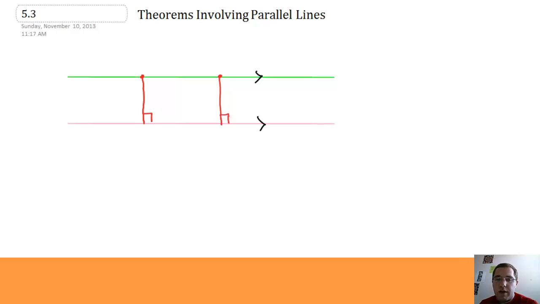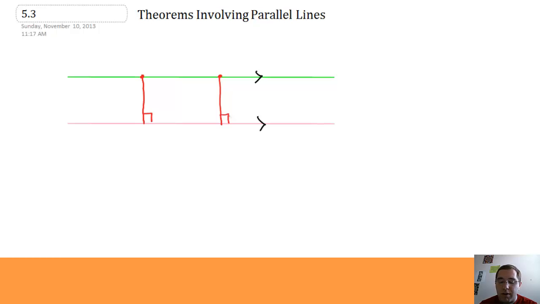Well, if the two lines are parallel, then that distance should be the same no matter which point I pick on the green line. If I pick any point on the green line, I should have the same distance from there to the pink line. Otherwise, if it's a different distance, then these lines are not going to be perfectly parallel. One of them would be sloped in some way that it would eventually intersect with the other line.